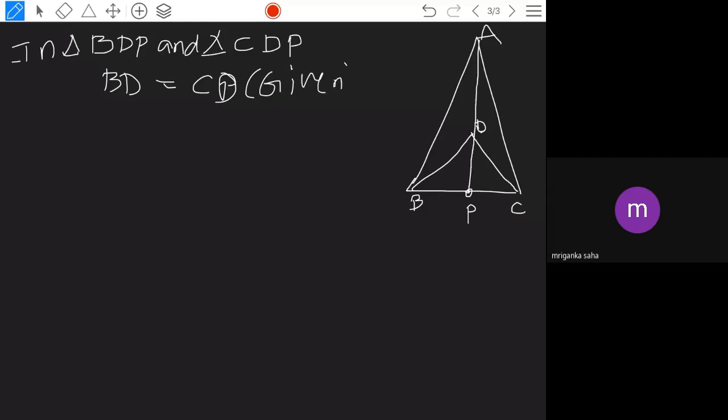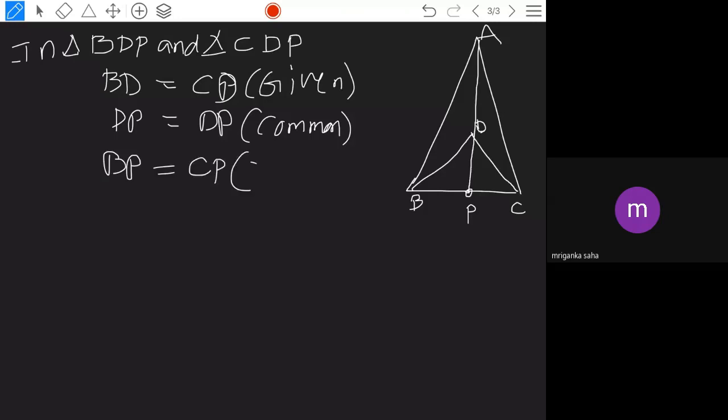BD is equal to CD, given. Next, DP is equal to DP, this is common. And we will get BP is equal to CP. By CPCT, triangle ABP is congruent to triangle ACP.